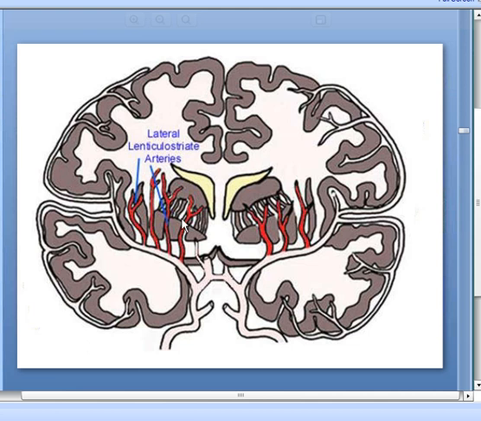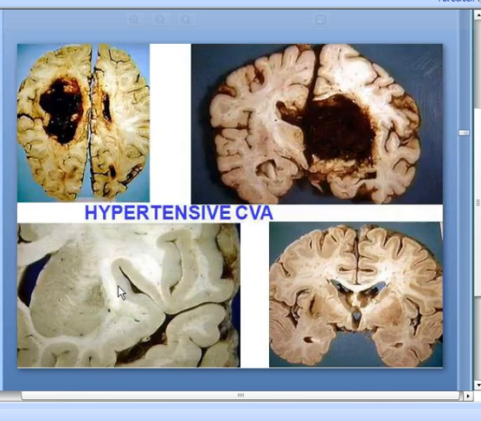And as you would guess, because it's due to increased blood, you're going to have hemorrhage as a finding. So the point is, if you're doing an autopsy and you cut the brain, or you're doing a scan and you're cutting it with a magnet or a CT scanner, and you could see a lot of properties of hemorrhage in the area of the basal ganglia, then you could probably suspect that this was a hypertensive CVA.